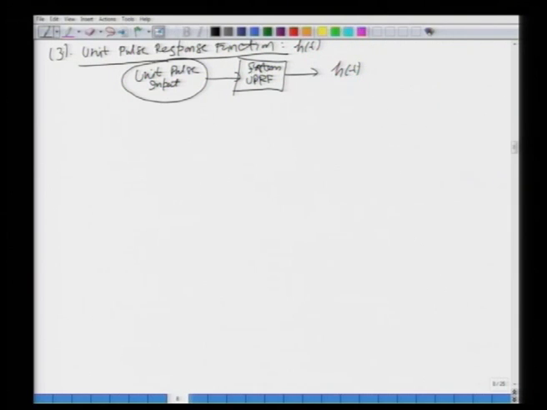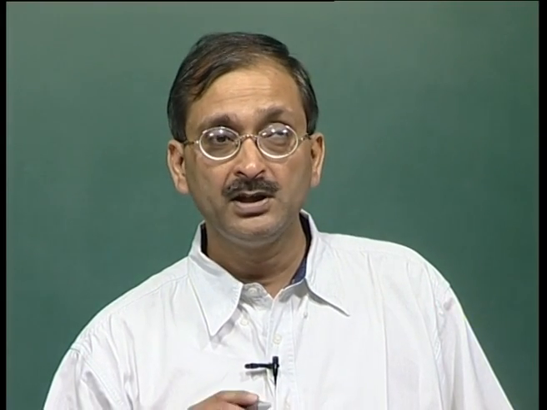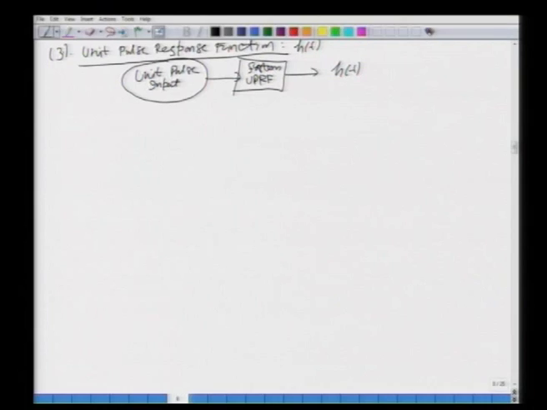Okay. So, a unit pulse response function is what? It is nothing but the response from the system when the system is subjected to a unit pulse input, right. What is a unit pulse input? Let us look at that. So, we have defined different types of inputs here, and this is the third one.